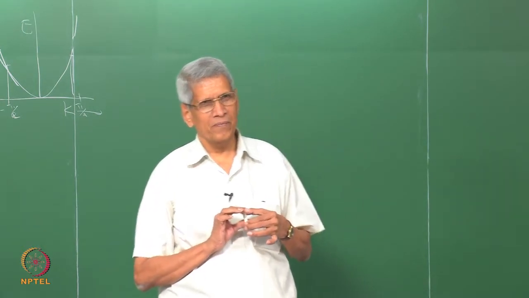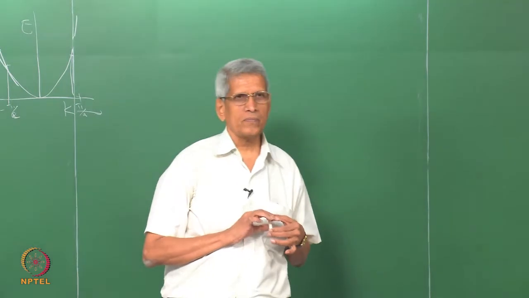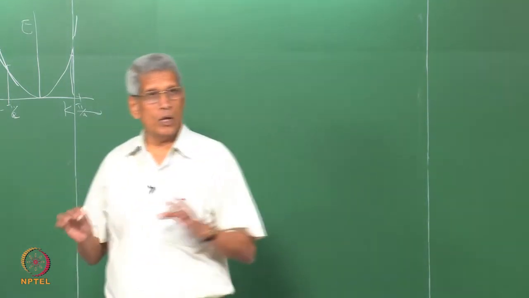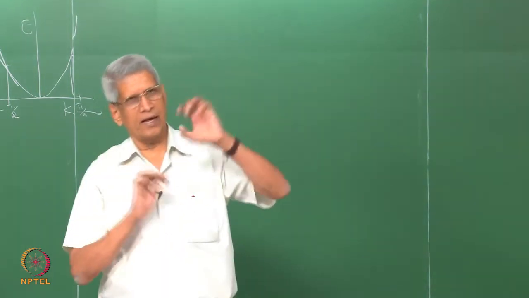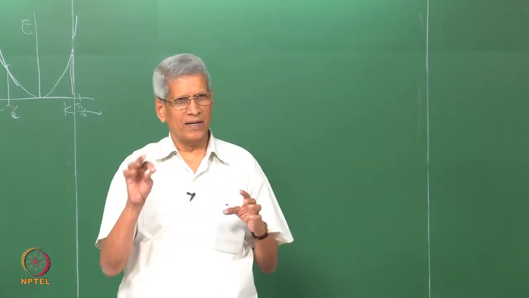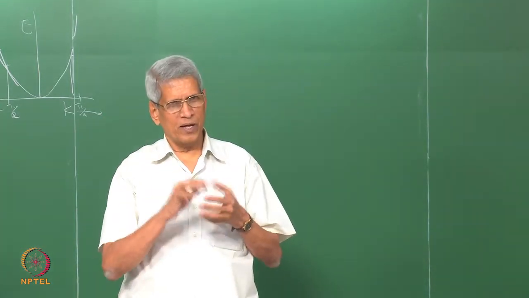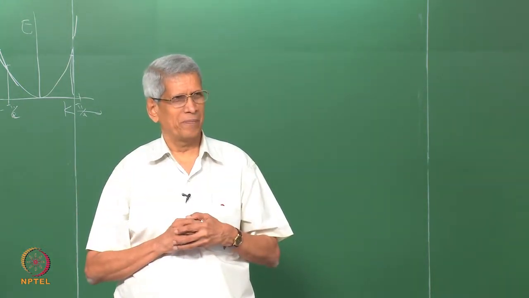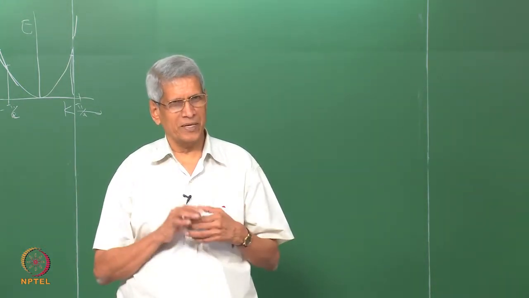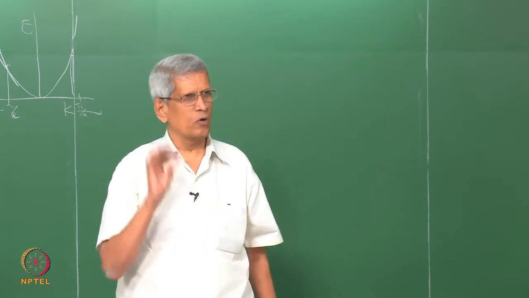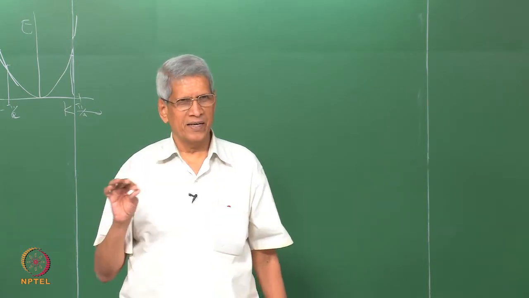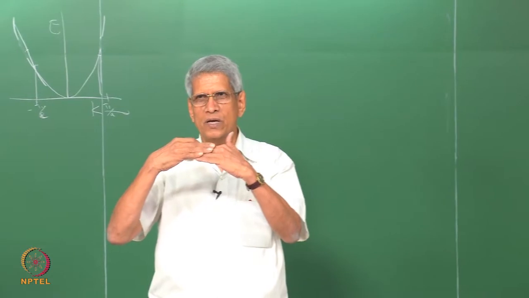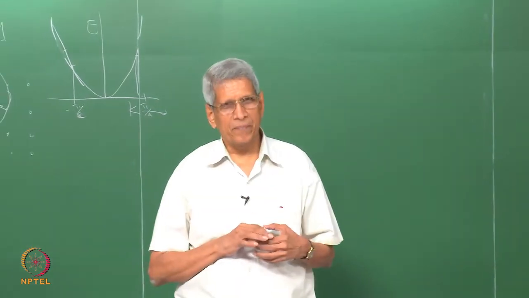A band gap means that there cannot be an electron with that particular energy. If we try to put an electron with that energy, it cannot remain with that energy in that sample. That is what the band gap means. That is, electrons occupy some specific levels and some energy values are not permitted.